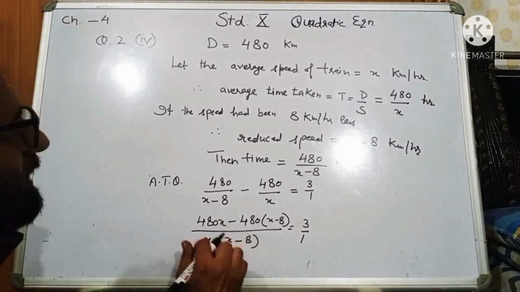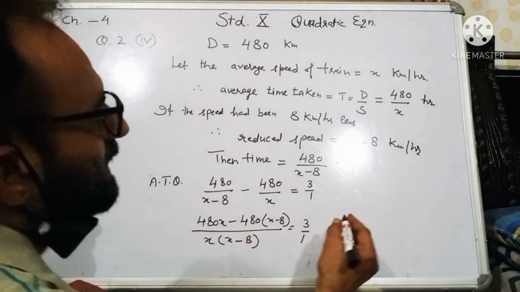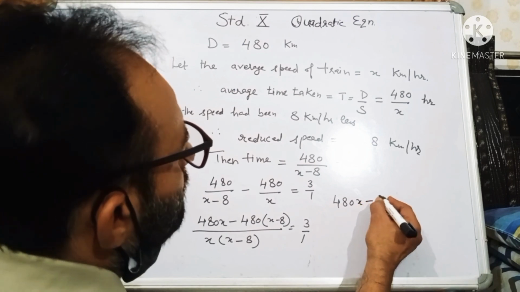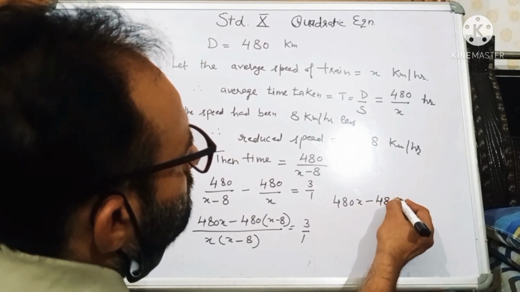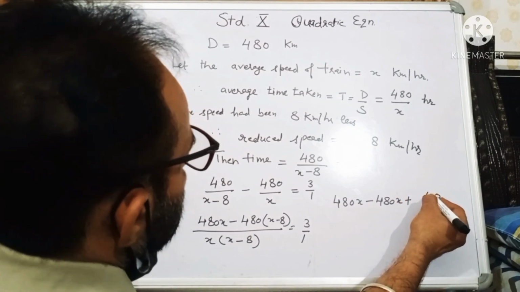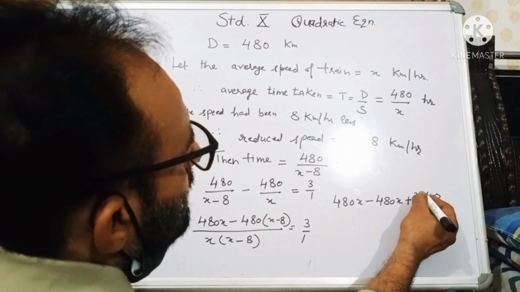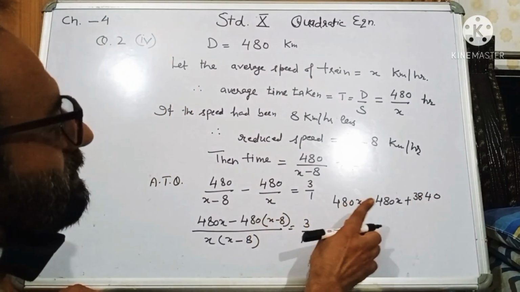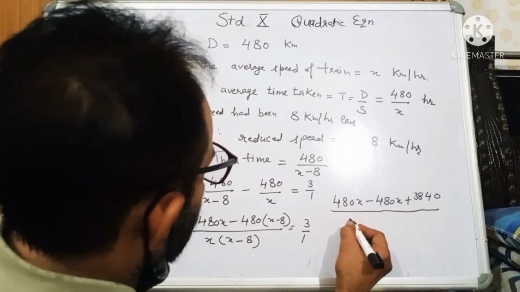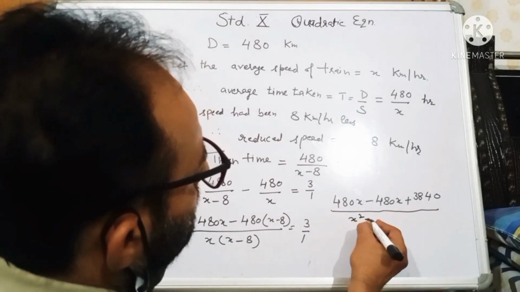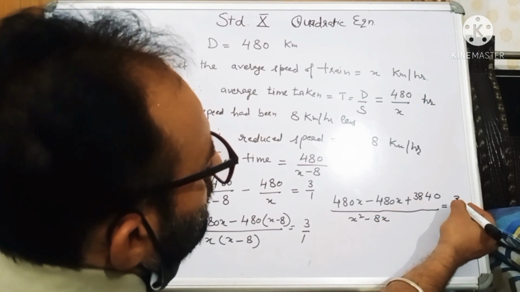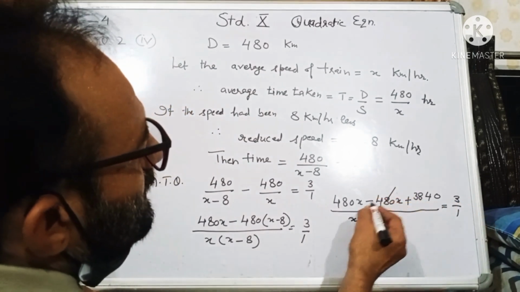Now we will simplify it. 480x minus 480x plus 3840 over x into x minus 8, that is x square minus 8x, is equal to 3 over 1. 480x is cancelled.